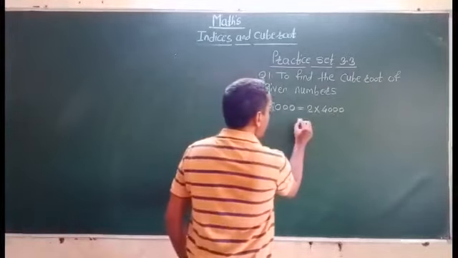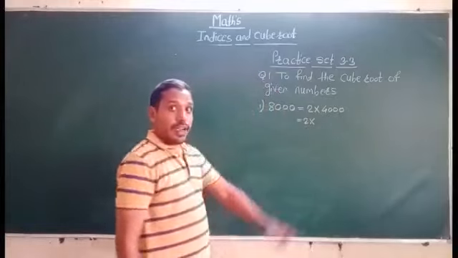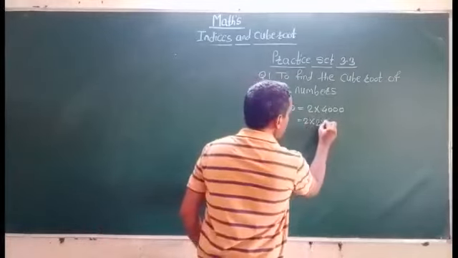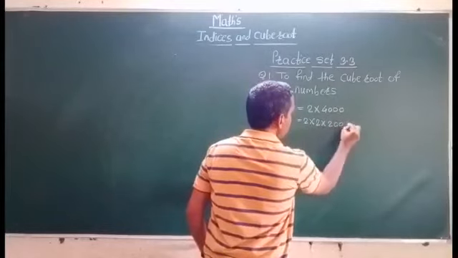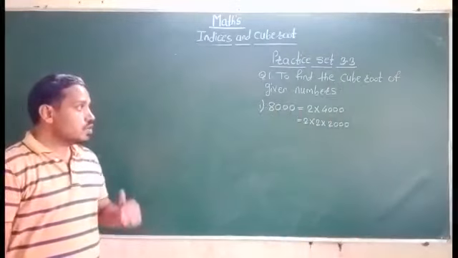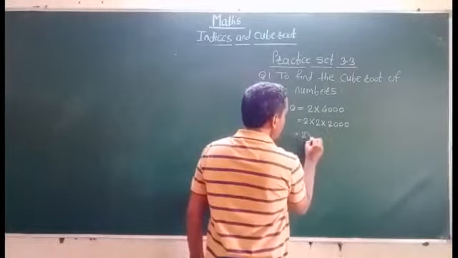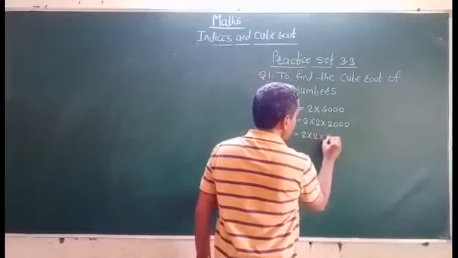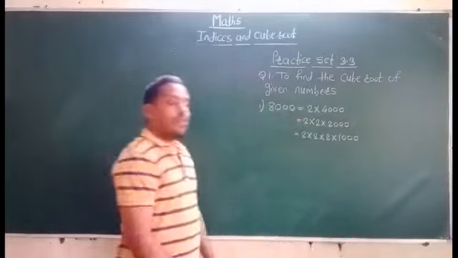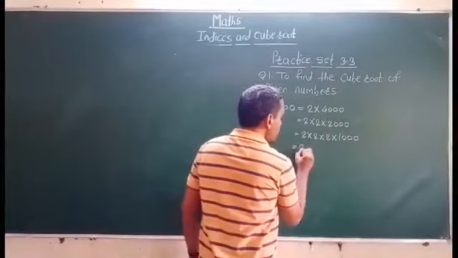We again write that 2, and divide 4,000 by 2, and we get 2,000. 2,000 into 2 is 4,000. We split again and get 1,000. We split 1,000 again.